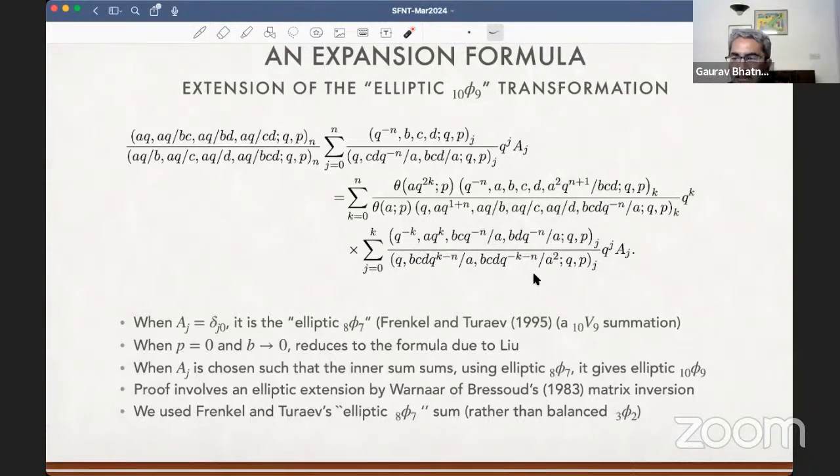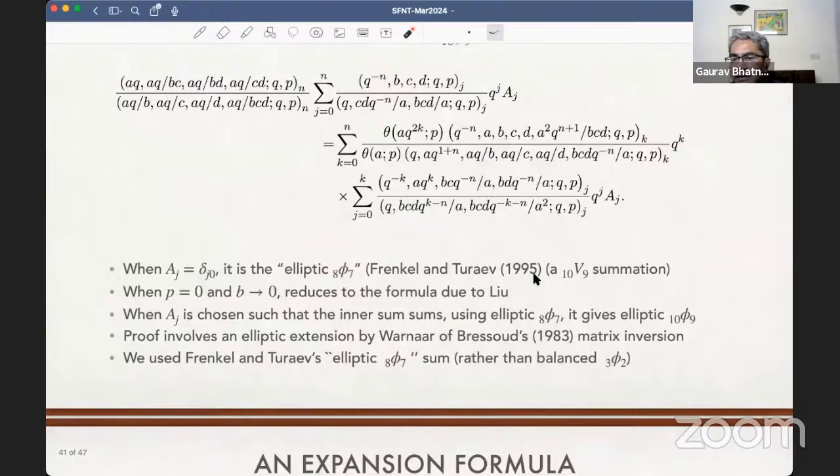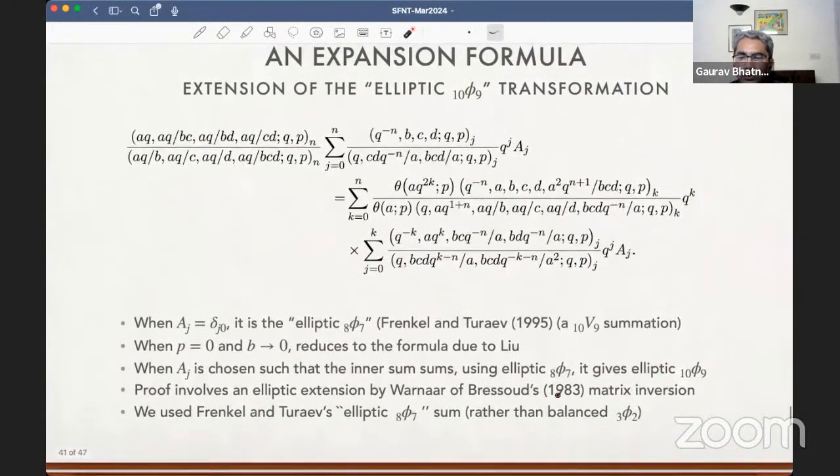And the smallest well-poised and balanced thing is an 8v7 level thing, which is Frenkel and Turaev's 10v9 summation. So we use that, and again the well-poised Bailey lemma is available in the elliptic case, but not the other Bailey lemma, because that's too small. This was kind of an obvious thing to try, and we used Bressoud's matrix inversion.